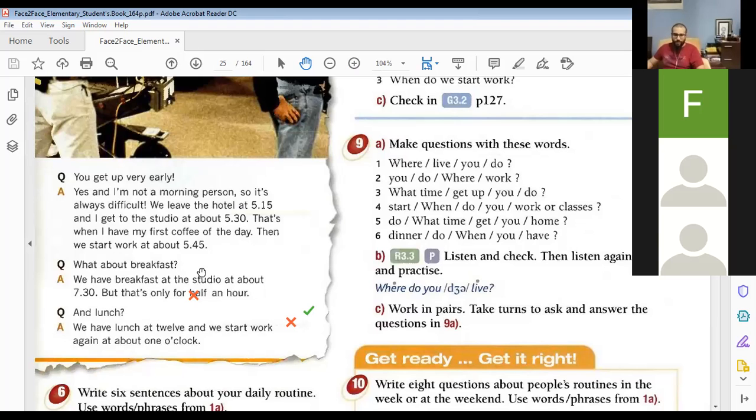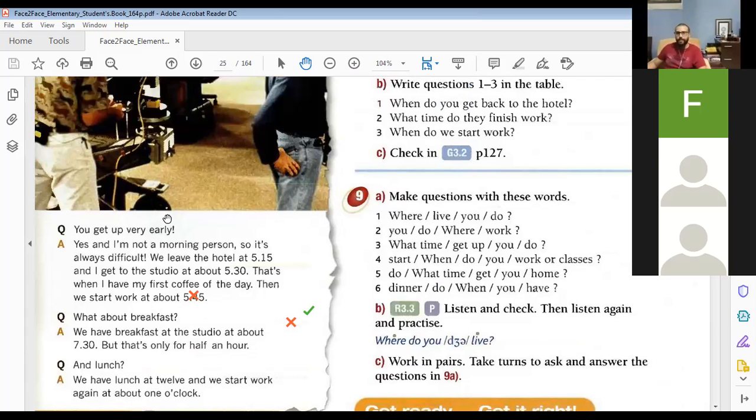So breakfast, they start at 7:30. They finish at 8 o'clock, right? And then they work from 8 o'clock to 12 because at 12 they have a lunch break. True.